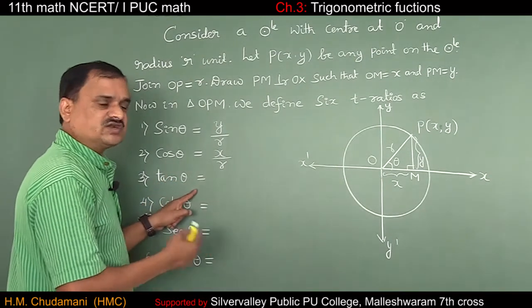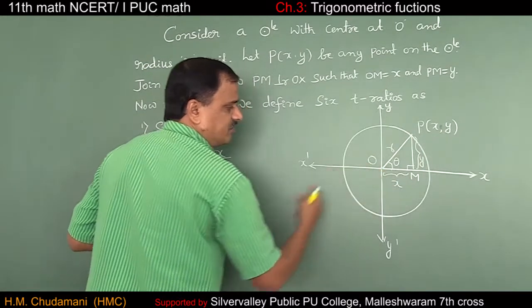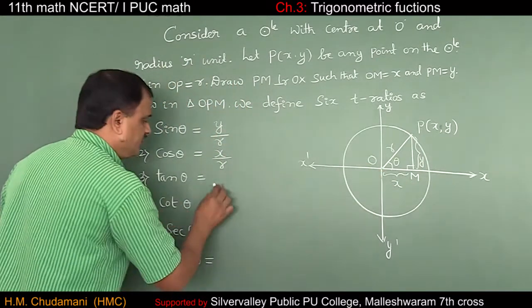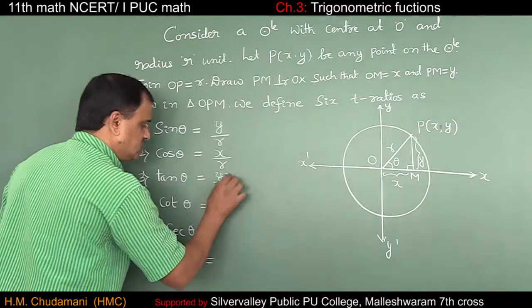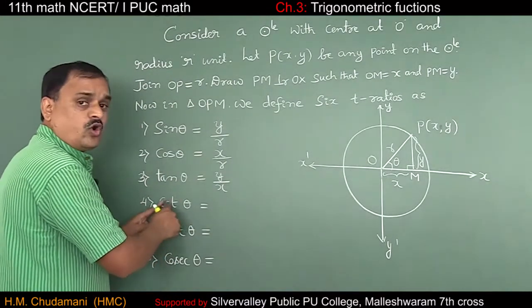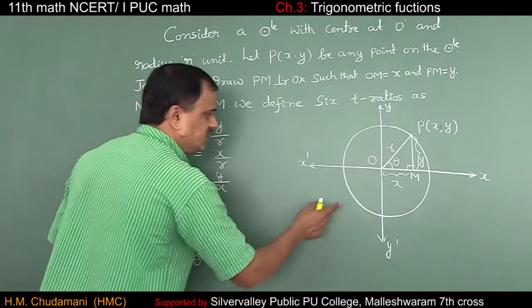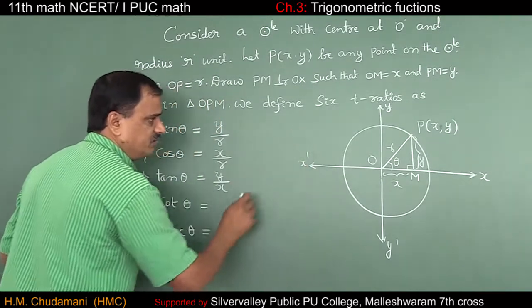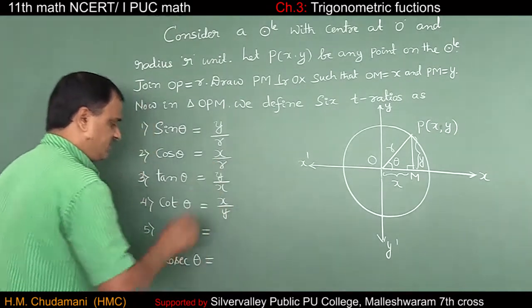Then tangent of the angle theta is PM divided by OM. PM is y divided by x. So tan theta is y by x. Then cotangent of the angle theta, cot theta, is OM divided by PM, which is x divided by y.